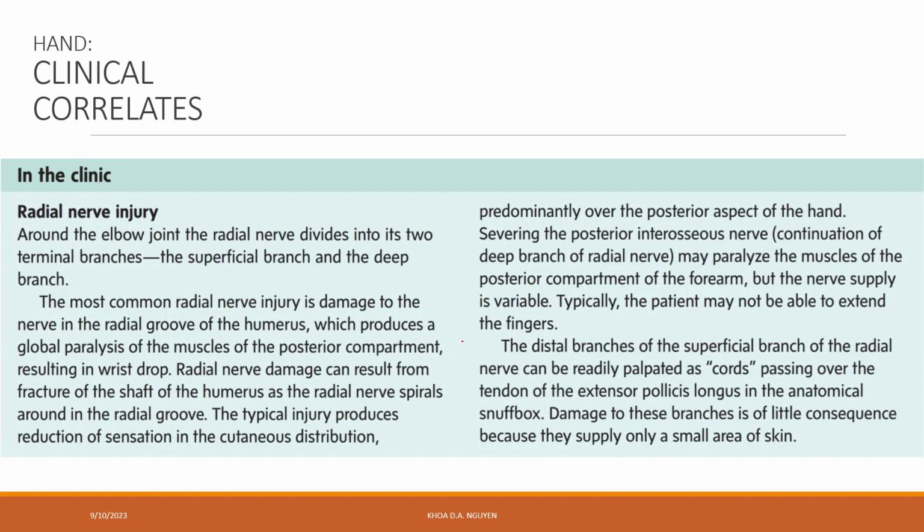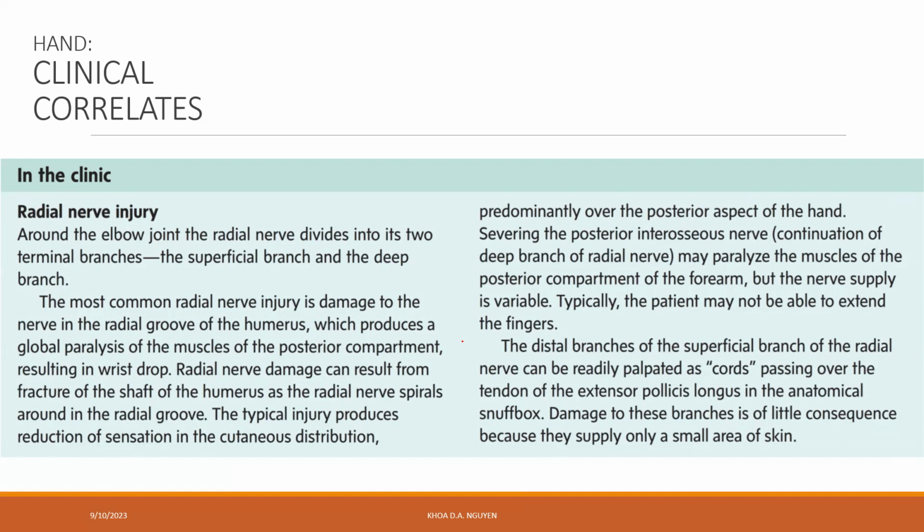Now, if you damage that radial groove, for example in a midshaft fracture of the humerus, then the radial nerve can get damaged there. It's not going to affect the triceps brachii muscle, because the branch to the triceps brachii has already taken off from the radial nerve at that point, but it will affect everything else down the line.